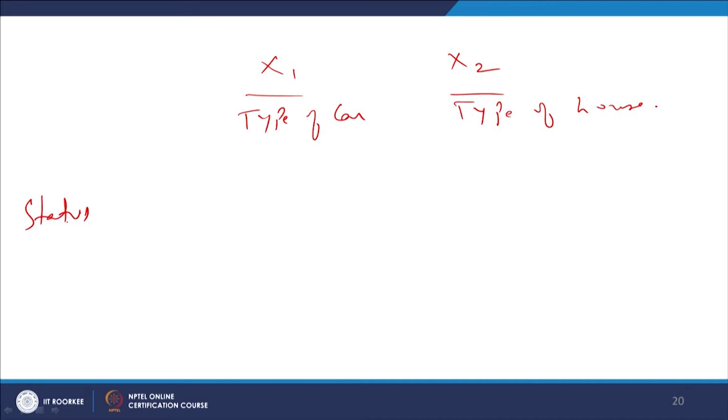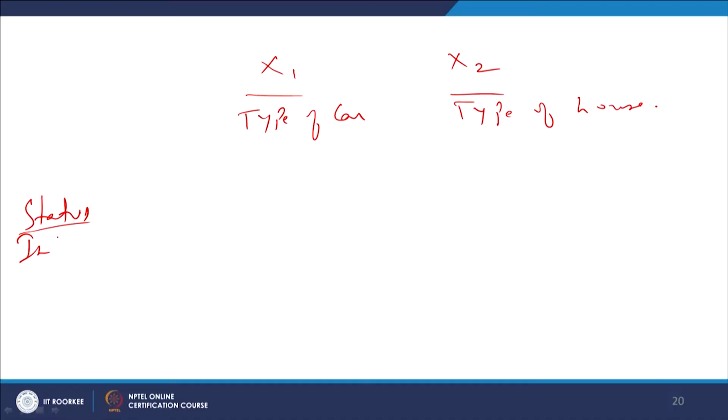Status looks like a categorical variable, and we need a dependent variable which is continuous. So, you may take the income of a person. Income is my dependent variable, which is continuous, and I am measuring it through 2 factors.